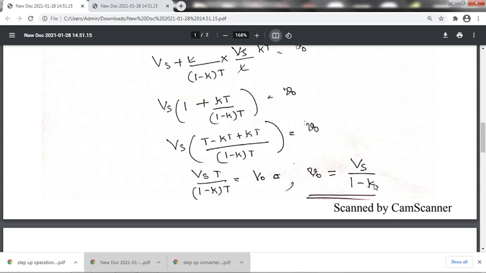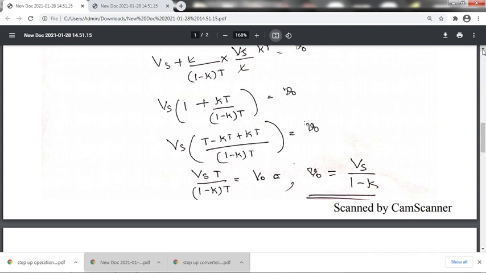If your k is 0.999, what happens? 1 minus 0.999 is 0.001. If k is 1, V0 is Vs by zero, infinity. There is no meaning.